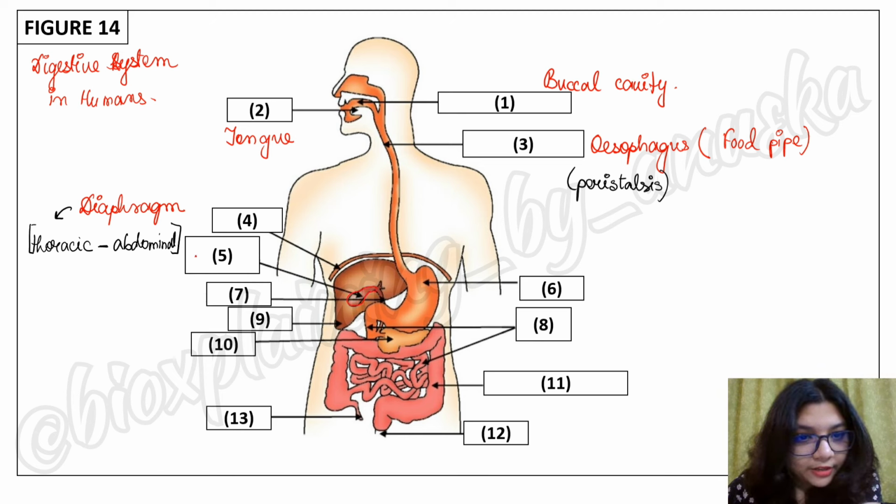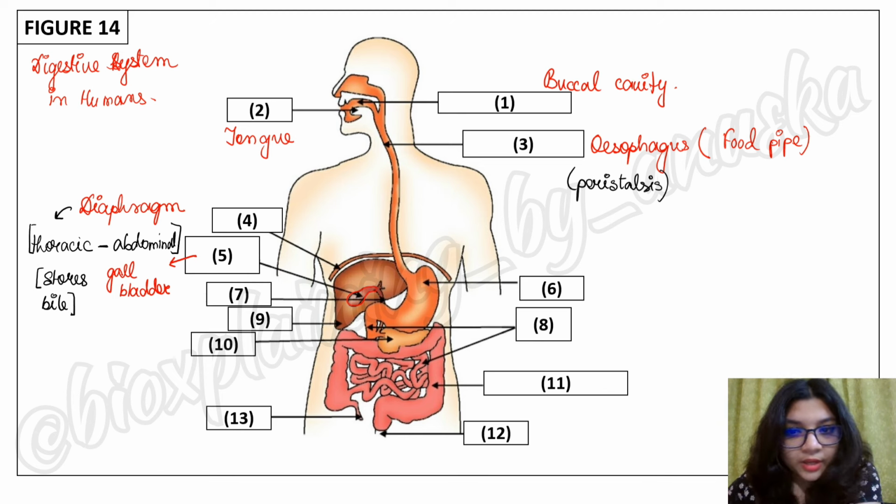So part 5 is the gallbladder. What is the function of the gallbladder? The gallbladder is the place where bile is stored. It stores bile.